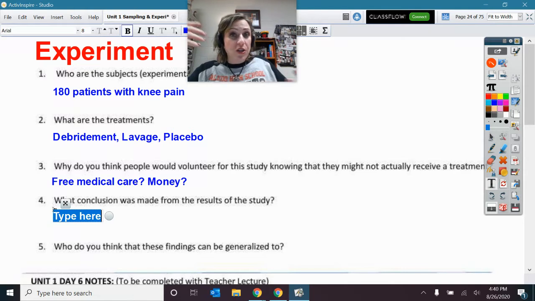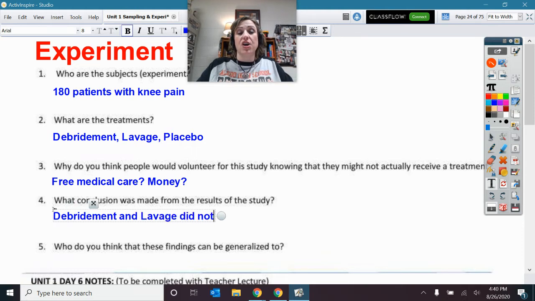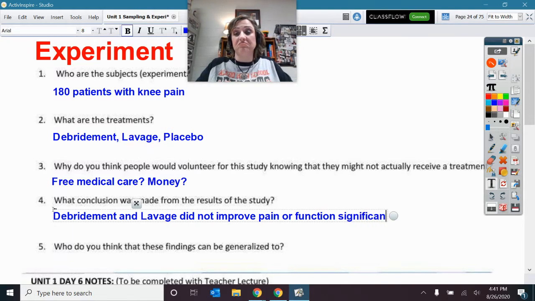People just thinking that their pain was less because they had the surgery. So what conclusion was made? That the debridement and lavage did not improve pain or function of the knee significantly. Might have been a little bit, and that can happen. And we'll talk about that because of sampling variability, but it wasn't significantly better than the placebo.